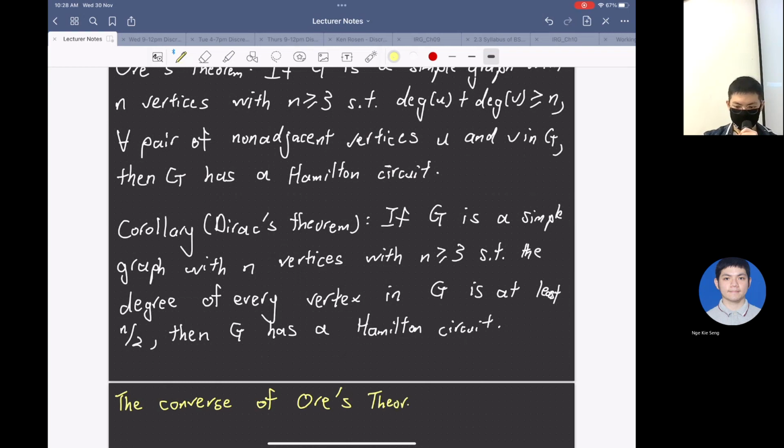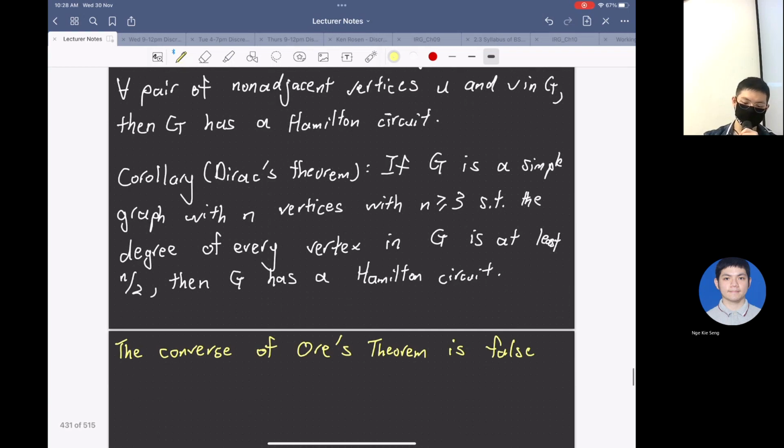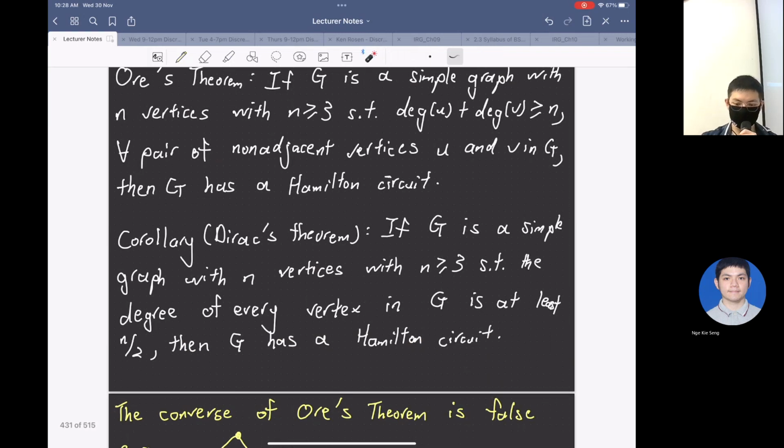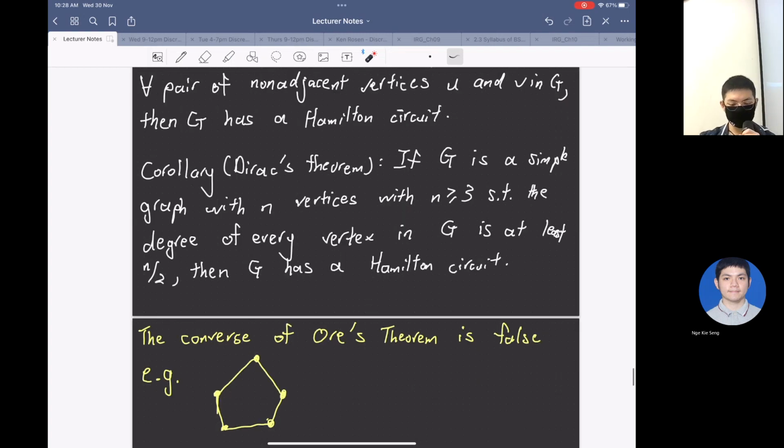First, using a simple example, the K5 example. The converse is: if you have a Hamilton circuit, I want the non-adjacent vertices to sum to more than or equal to n. So if it is less than n, then this converse is false.